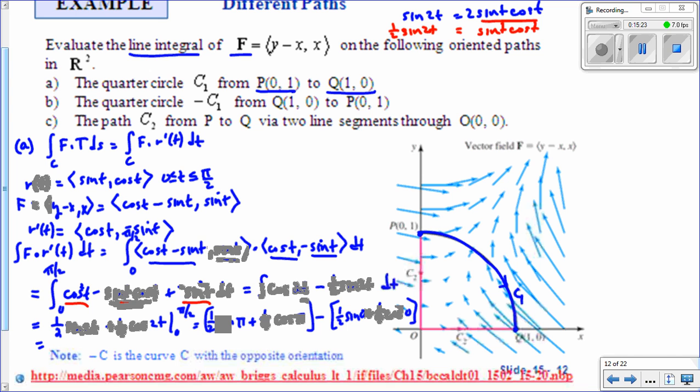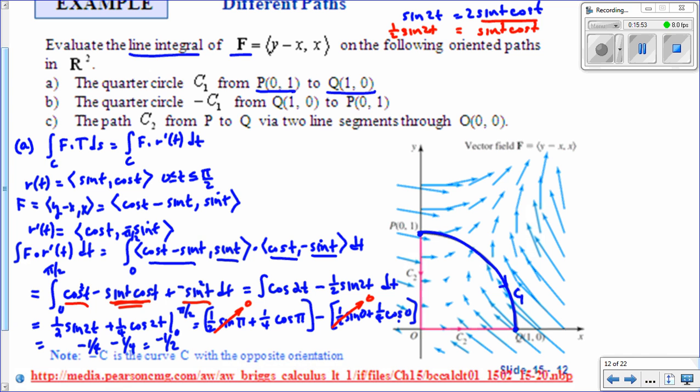So now we have sine of pi is 0, sine of 0 is 0, cosine of pi is -1. So this will be -1/4, and then cosine of 0 is 1. So it'll be -1/4, which gives me -1/2. Okay, so that's the vector field line integral from P to Q.